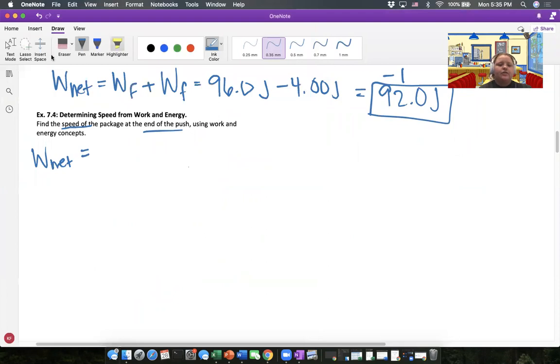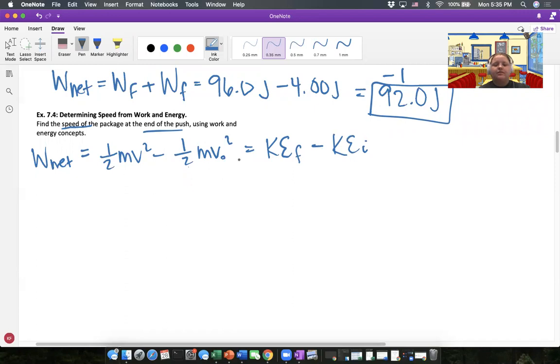So it equals 1/2 mv squared minus 1/2 mv naught squared. I can relabel these if I want to. This is actually the kinetic energy final minus kinetic energy initial. This means the same thing.